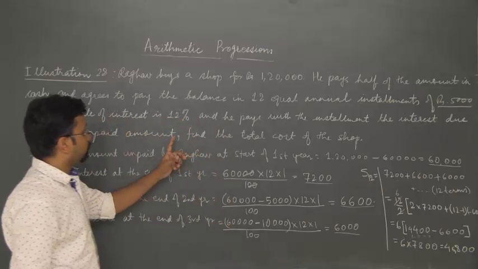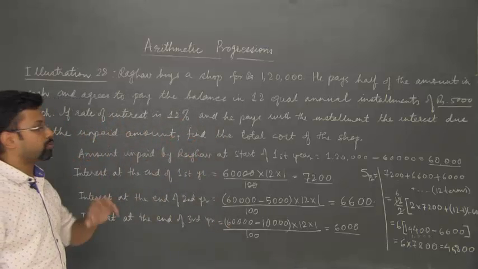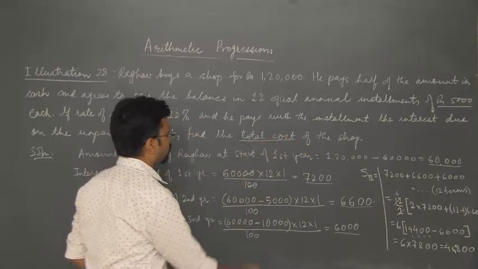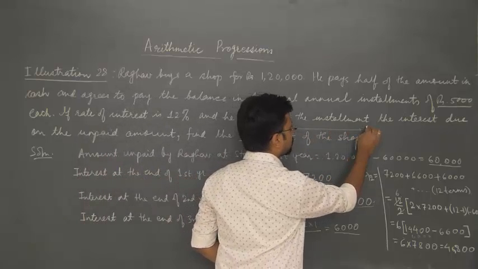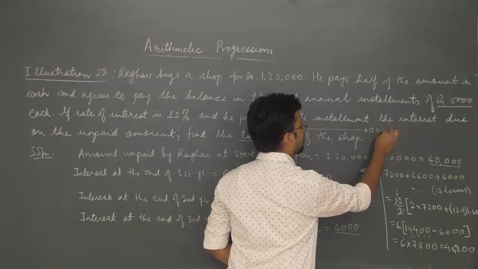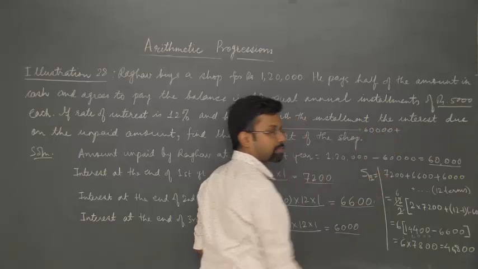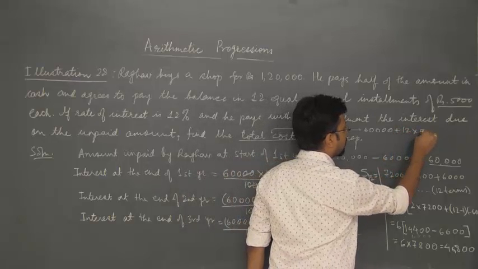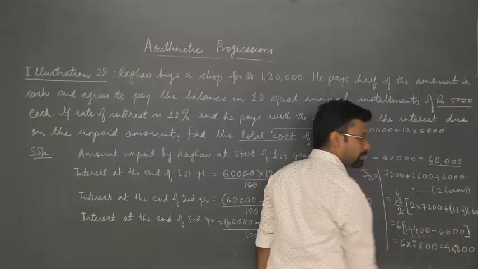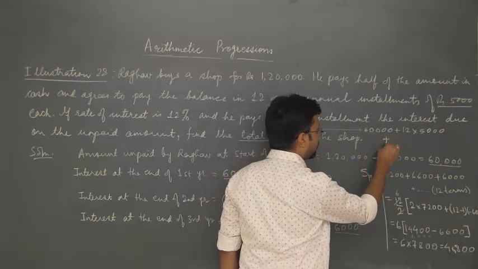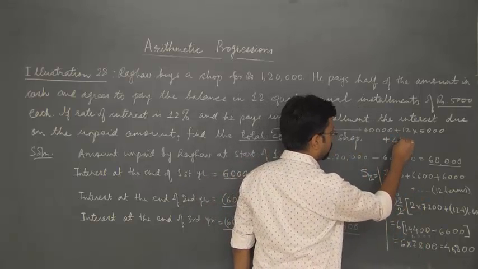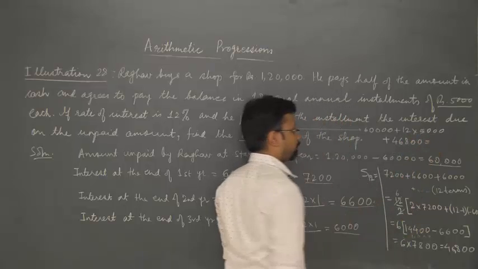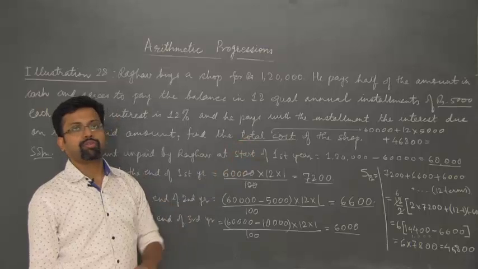So what do we need to find out? We need to find out the total cost of the shop. What will be the total cost of the shop? The total cost of the shop will be the 60,000 that he paid upfront, the 12 installments of 5,000 that he pays annually, and the interest that has accrued, which is equal to 46,800 for the 12 years on the unpaid amount for each year.